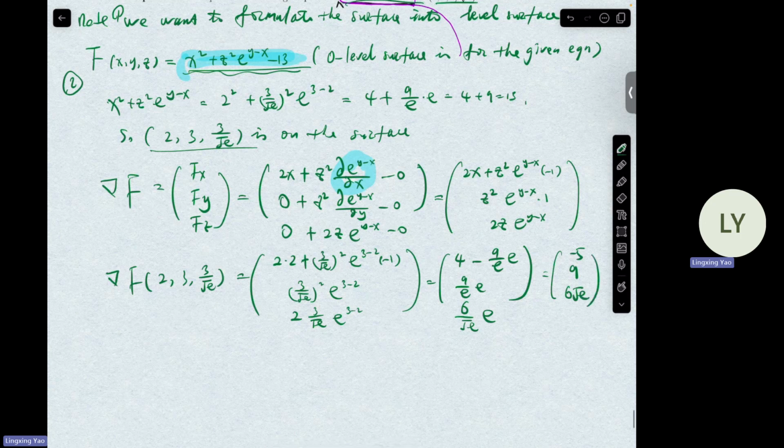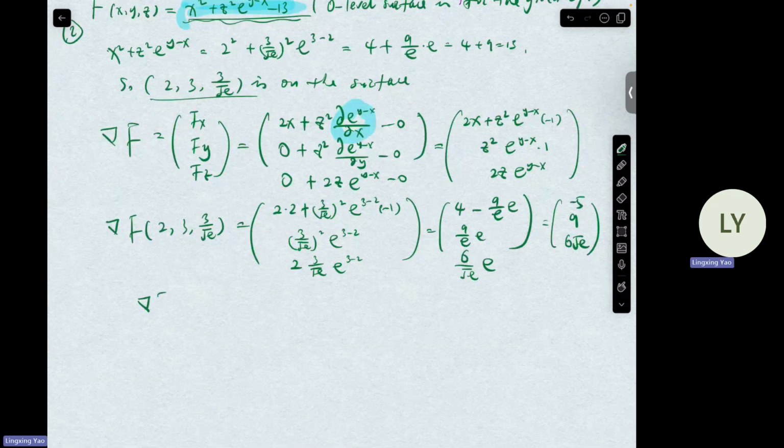And then the equation of the tangent plane is, remember, the gradient of capital F dotted with the point, right? x minus 2, y minus 3, z minus 3 over square root e equals 0.